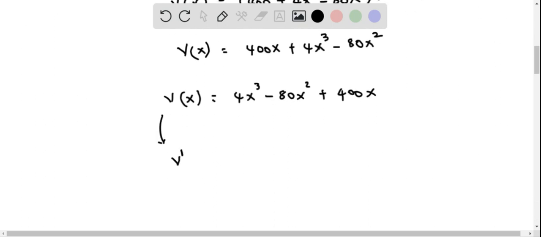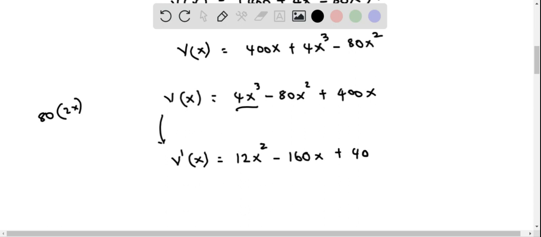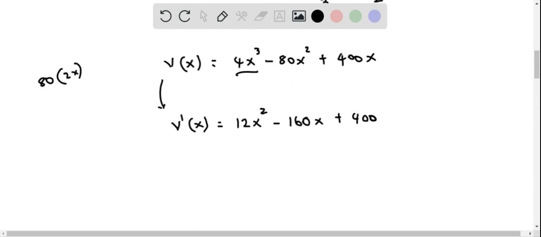So this equals V prime of x, and this equals the derivative of 4x cubed, which is 4 times 3 is 12, and then x squared. We use the power rule to find the derivative of x cubed. Minus the derivative of 80x squared is 80 times the derivative of x squared, which is 160x, and then the derivative of 400x is 400 times the derivative of x, which is 1. So I just write 400.